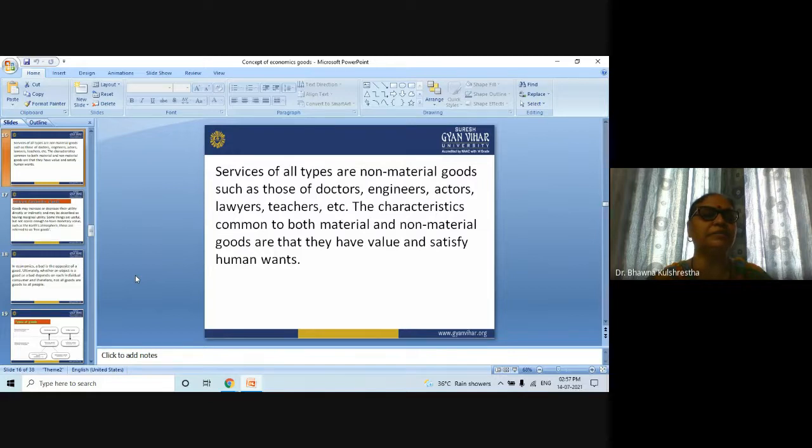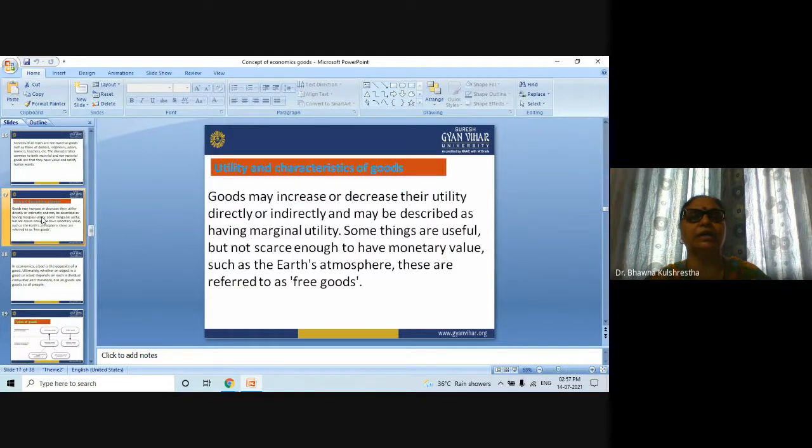And the next point is utility and characteristics of goods. Goods may increase or decrease their utility directly or indirectly and may be described as having marginal utility.